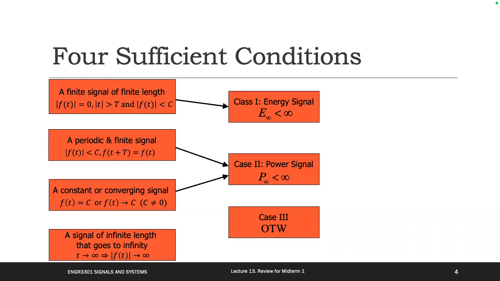Does that make sense to you? Any questions so far? And the next signal definitely belongs to case 3, right? Because it is a signal of infinite length that goes to infinity. This is what we have already talked about.